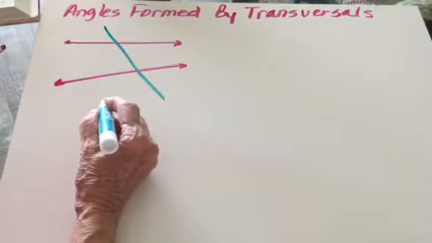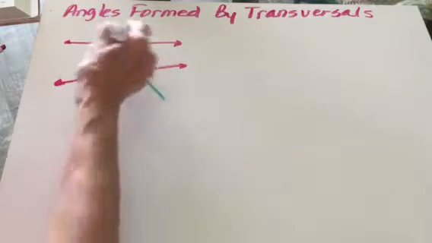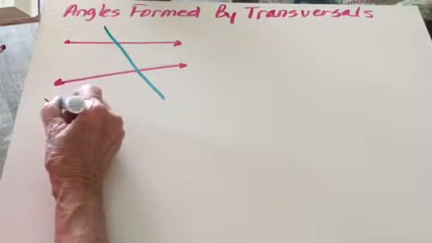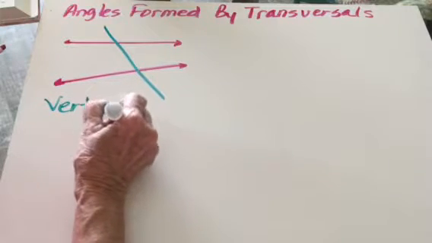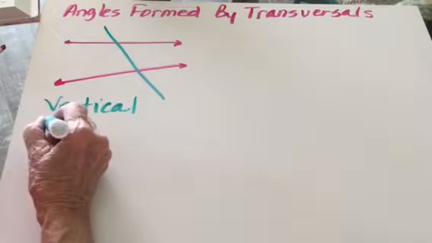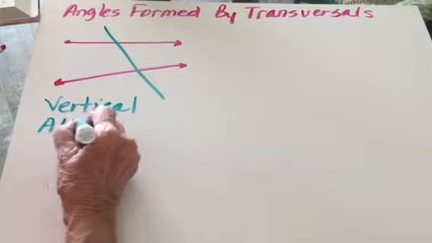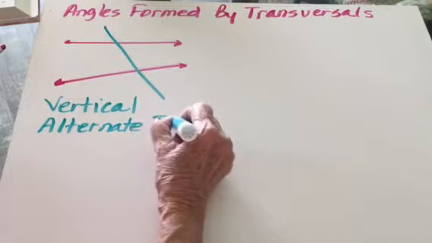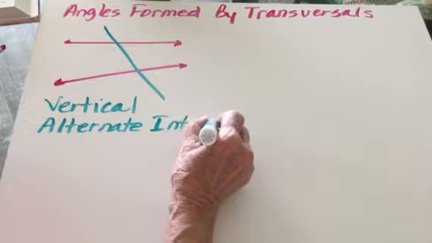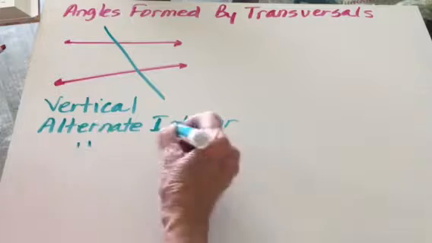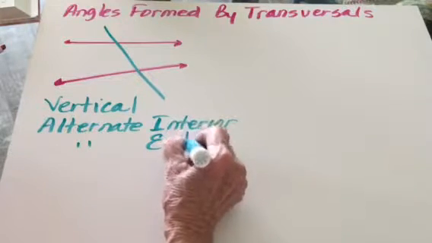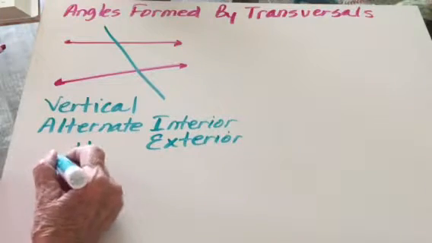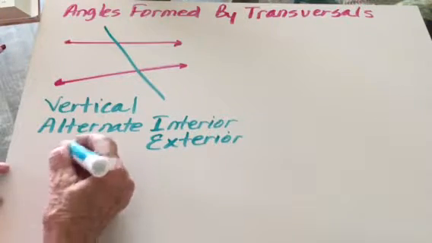Okay, now we have angles formed, and we have vertical angles, we have alternate interior angles, we have alternate exterior angles, and we have consecutive interior.